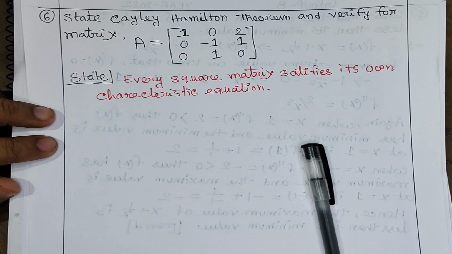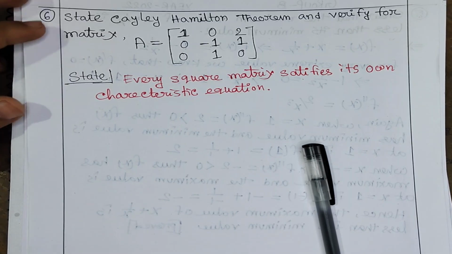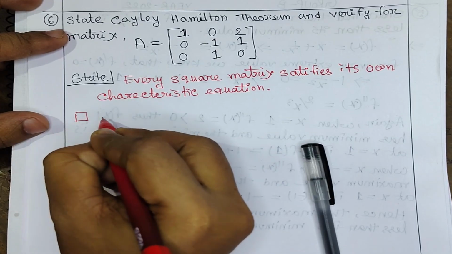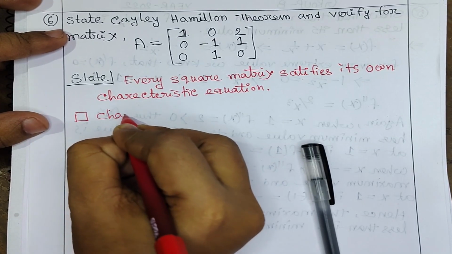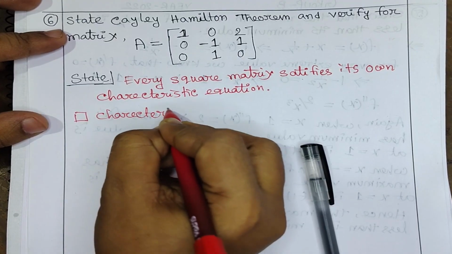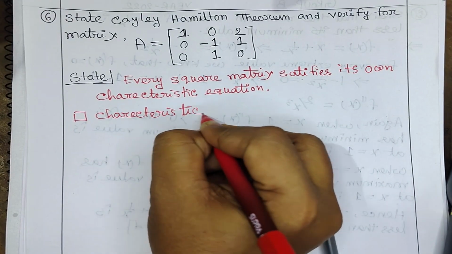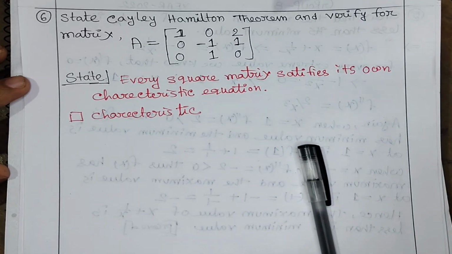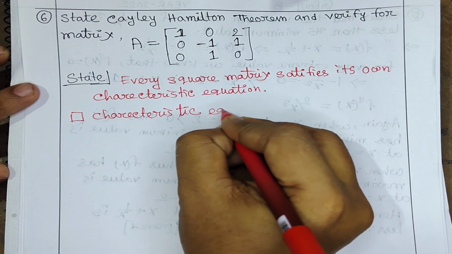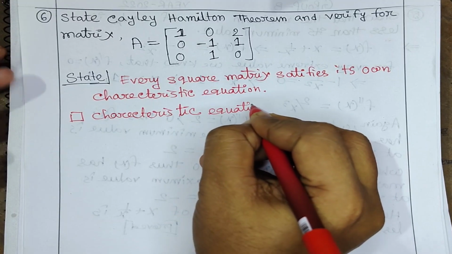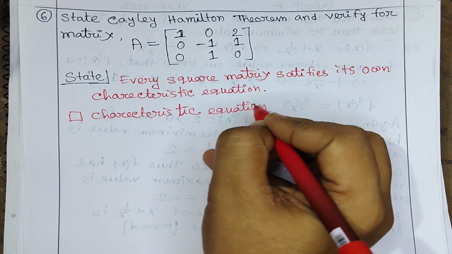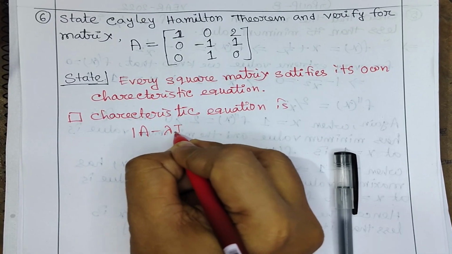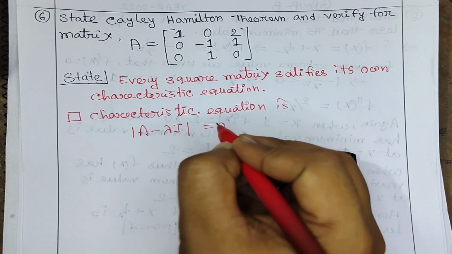Now we verify the characteristic equation. What is the characteristic equation? The characteristic equation is |A - λI| = 0.